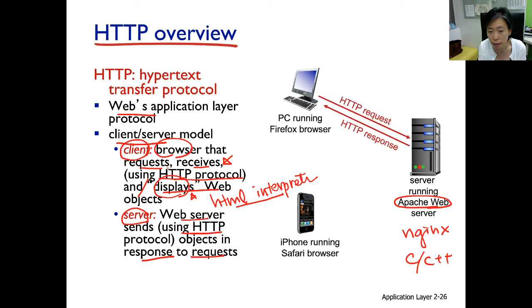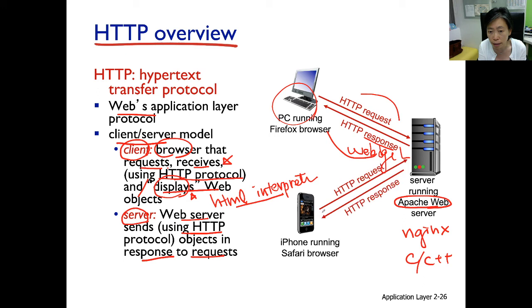This client up here sends an HTTP request and then receives the HTTP response, which contains the web object. Similarly, if it's a phone, Safari sends an HTTP request, the server sends back an object, and Safari renders and displays the object.